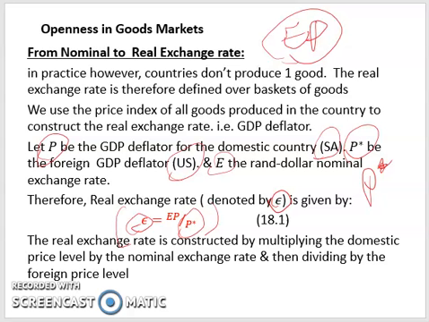So the real exchange rate is constructed by multiplying the domestic price level by the nominal exchange rate and then dividing it by the foreign price level.